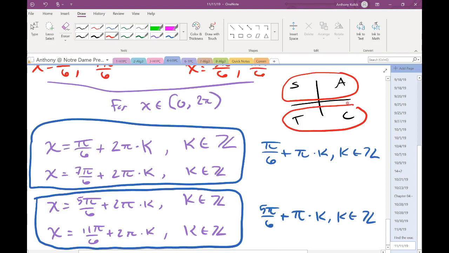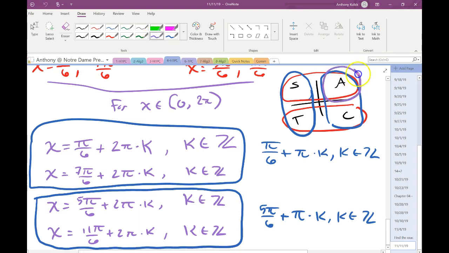So if I have two positive answers or two negative answers for sine, are they ever going to be pi units apart? No, right? It's impossible. Now for cosine, remember cosine is positive here and negative here. Is it ever possible for two positive answers or two negative answers for cosine to be pi units apart? No, right? Because the quadrants are right next to each other.